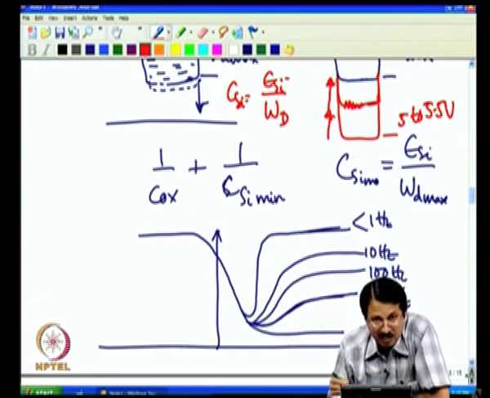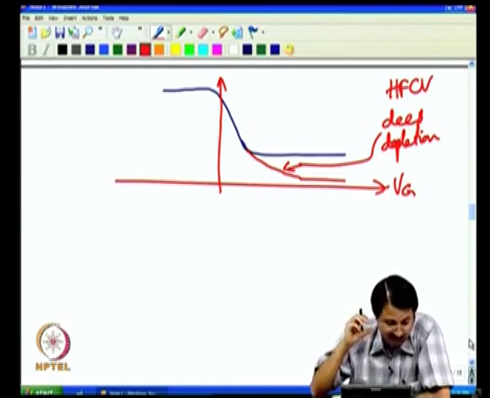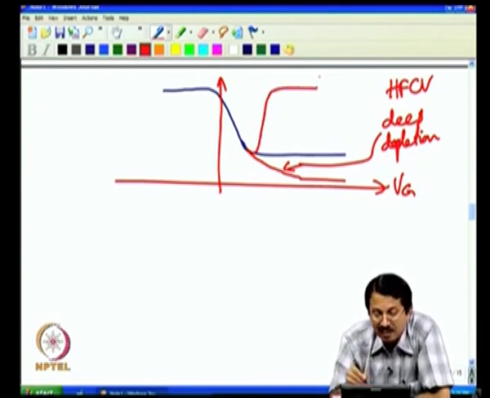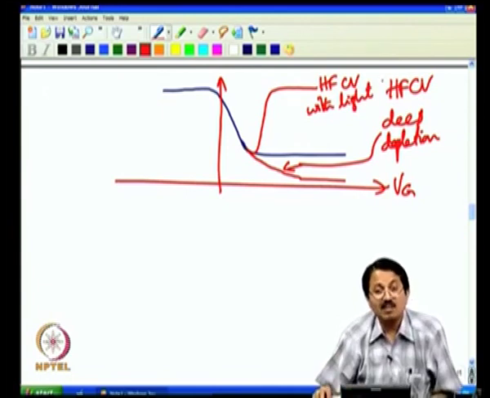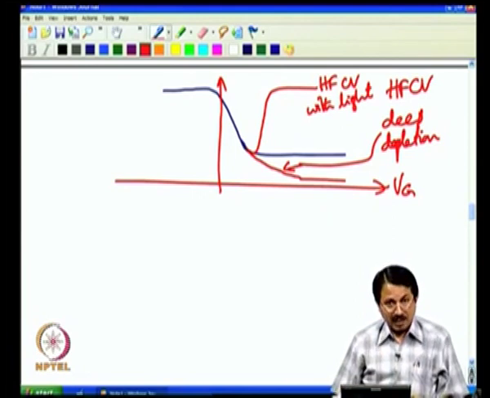So, if you do a CV measurement, even if it is high frequency CV measurement, if you do it with full blast light on the device, okay, you may actually see a curve which would look like this. If you do a HF CV with the light, because by shining light you have reduced the generation lifetime.